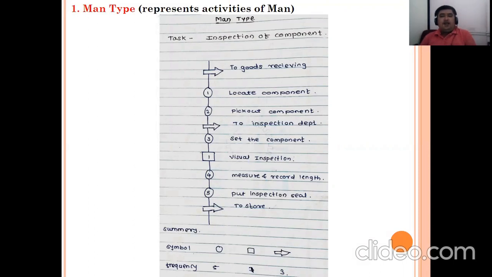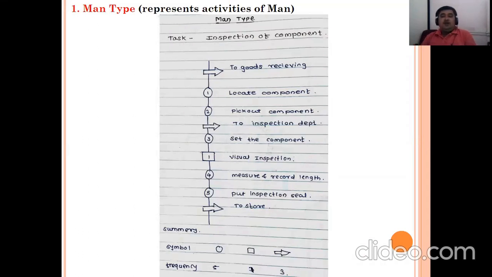Is it right? So as you are standing at the inspection table, you are receiving the goods. That is transportation, because from one point you are receiving the goods.